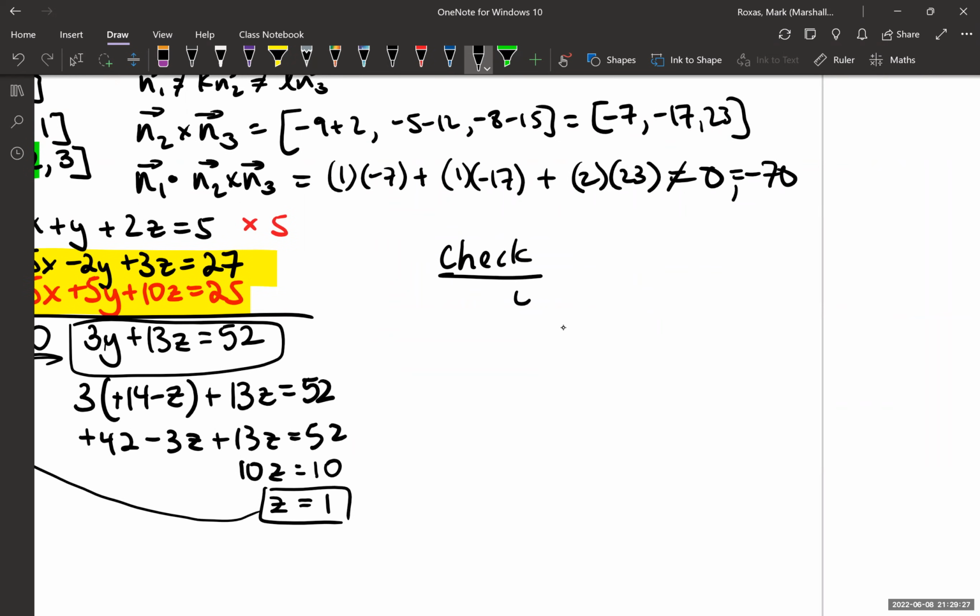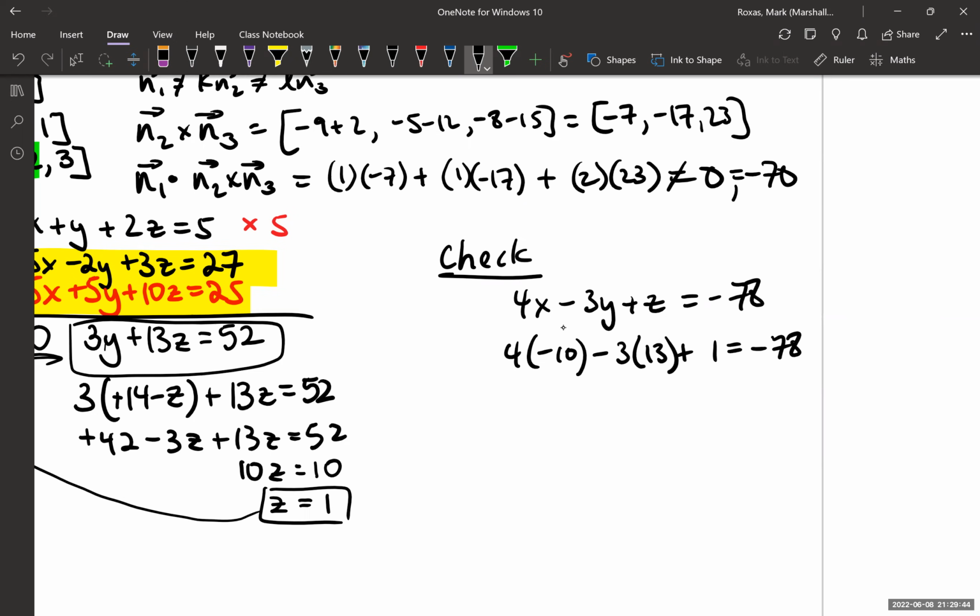So if I take equation 2, 4x minus 3y plus z equals negative 78, you check 4 times negative 10 for my x, minus 3 times 13 for the y, plus 1 for the z equals negative 78. When you evaluate the left side, it turns out to be negative 78. So you're good there.